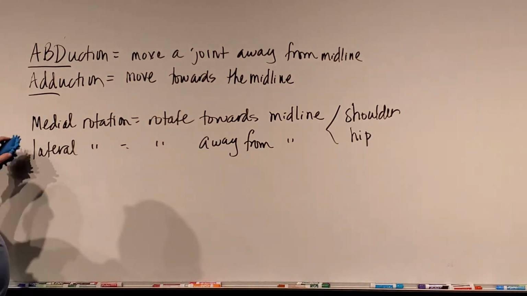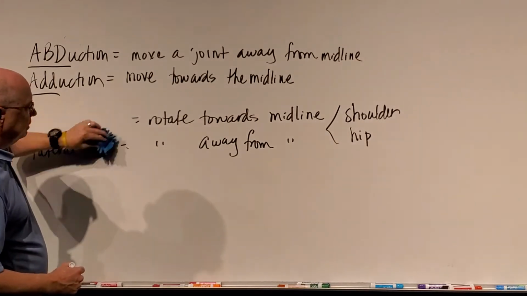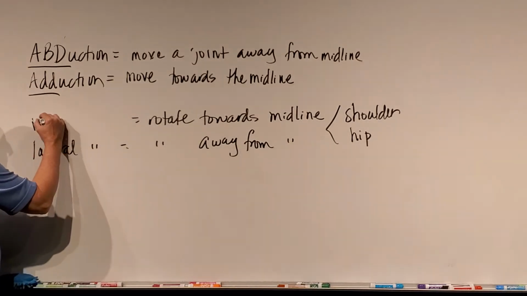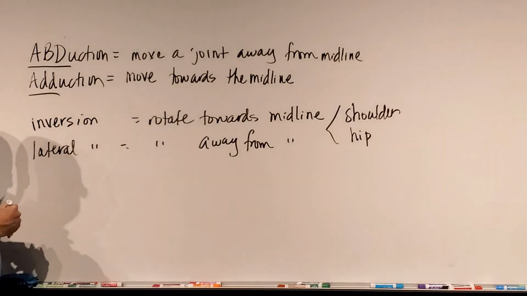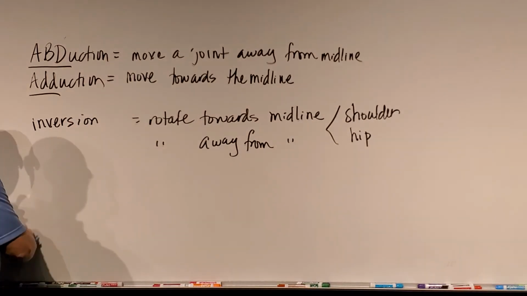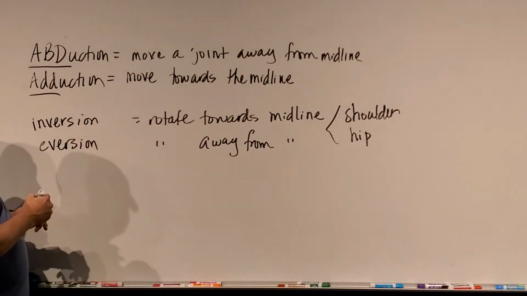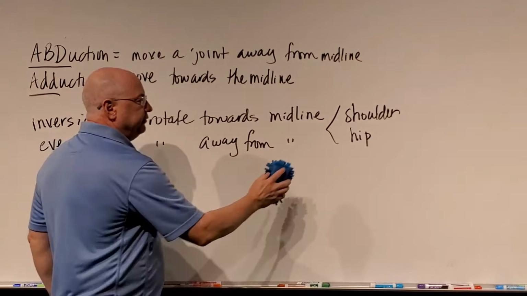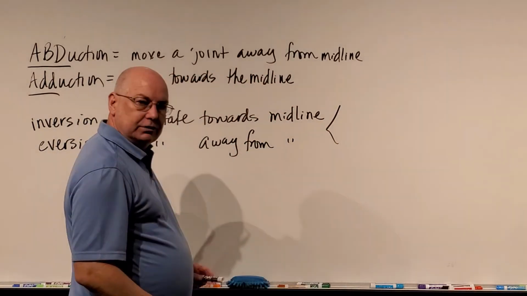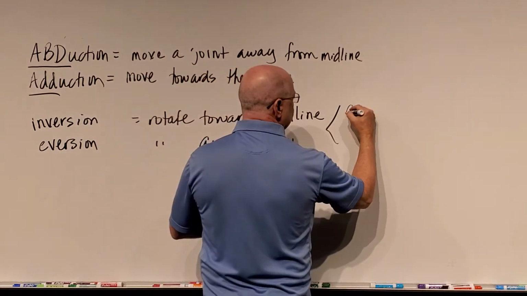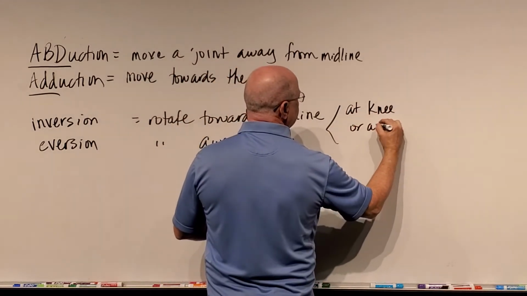So technically, I could say that inversion is almost the same as medial rotation, and eversion is almost the same as lateral rotation, but they involve different joints. Okay? This would be at the knee or ankle.